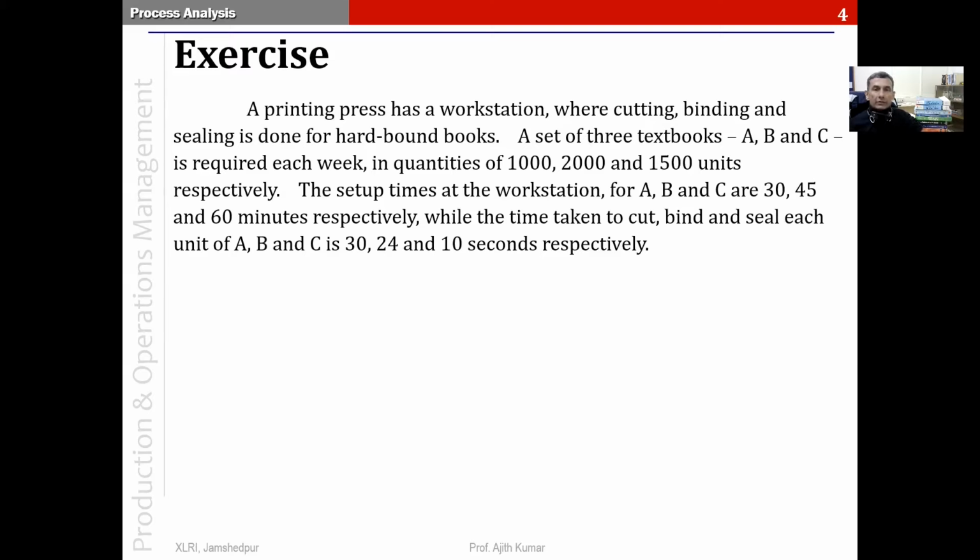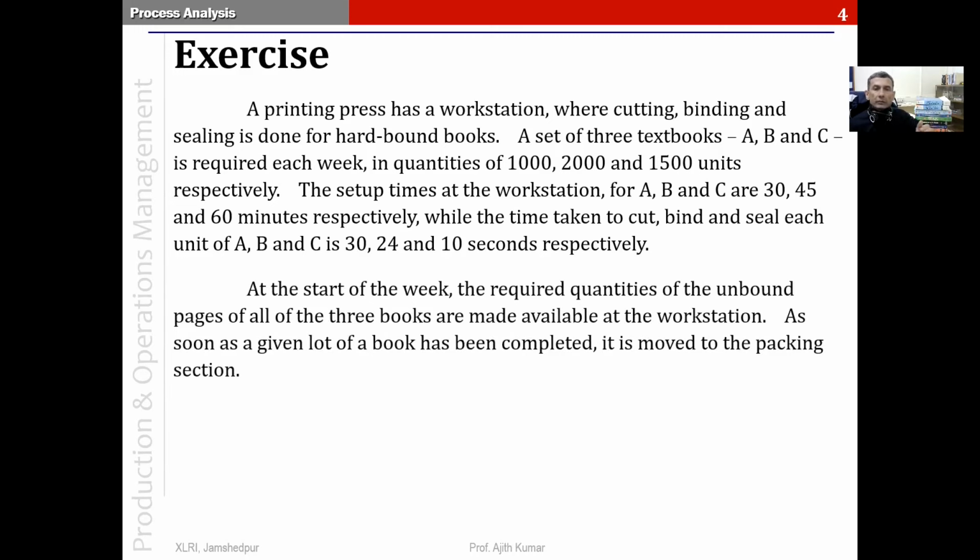The setup times at the workstation for A, B, and C are 30, 45, and 60 minutes, respectively, while the time taken to cut, bind, and seal each unit of A, B, and C is 30, 24, and 10 seconds, respectively. So these last 3 figures are the processing times for each unit of the 3 books on the workstation.